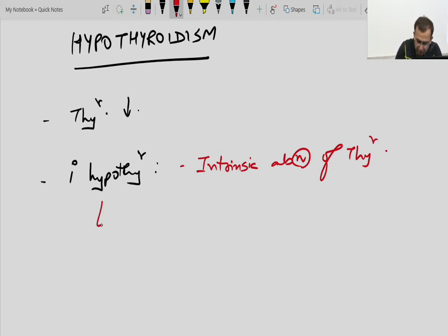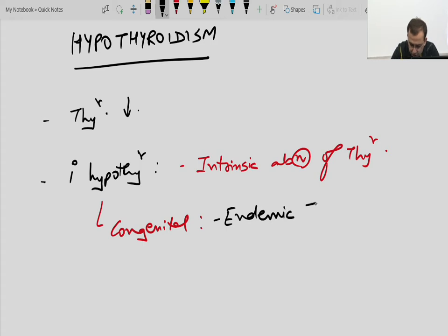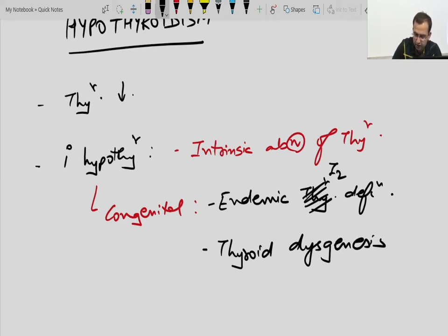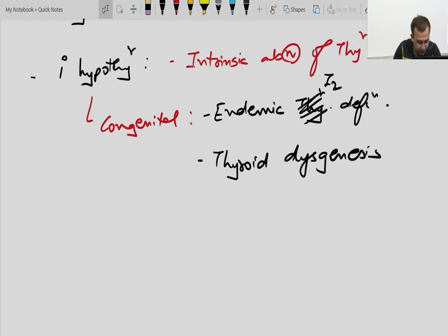This can either be congenital, which occurs because of endemic iodine deficiency. Next, it can be because of thyroid dysgenesis. What do we mean by thyroid dysgenesis?